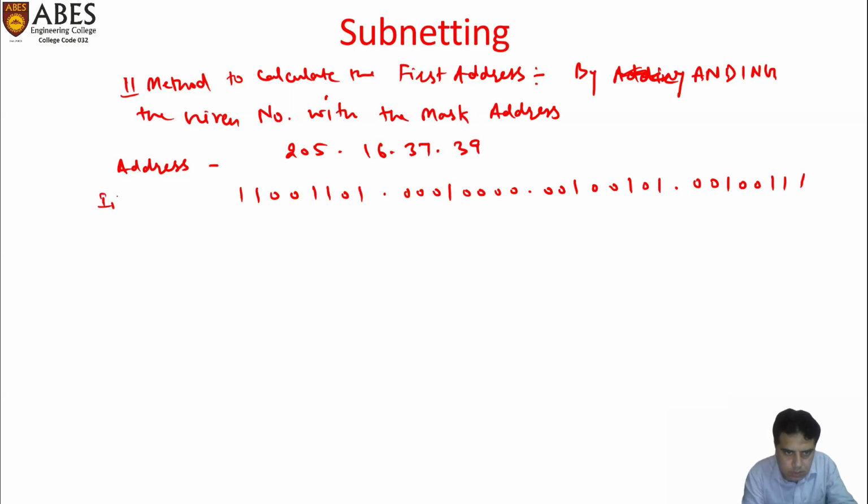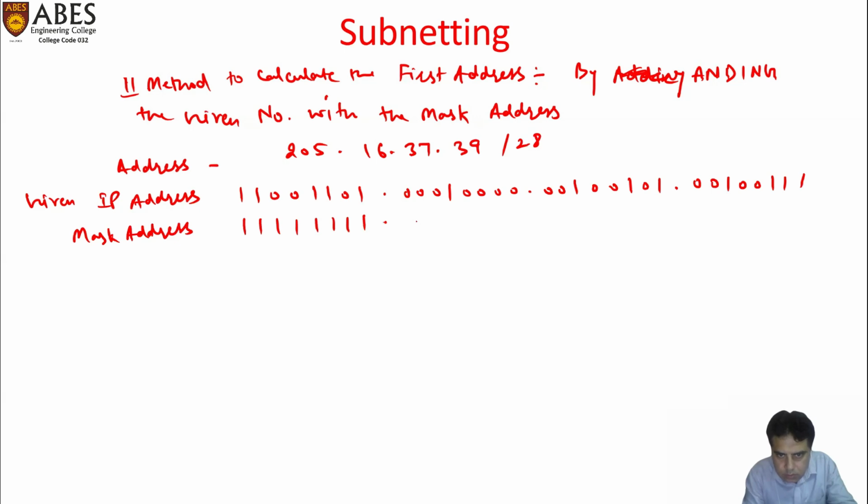This is the IP address with the mask address. The mask is slash 28, that is 28 ones followed by four zeros.